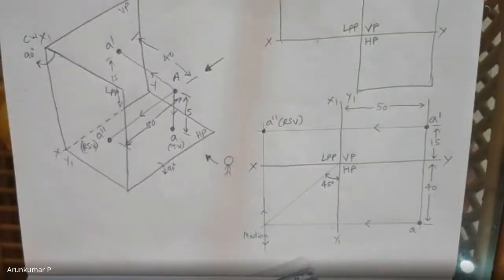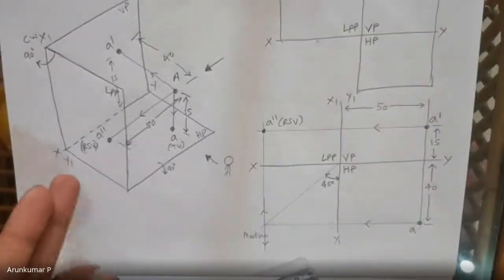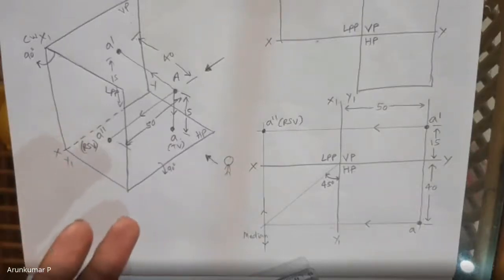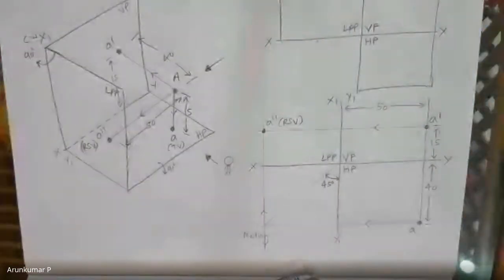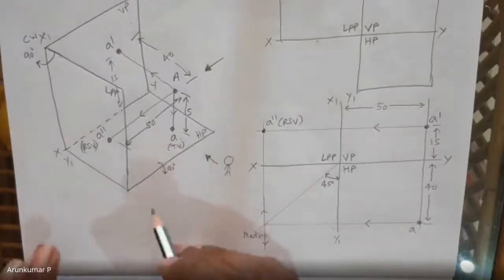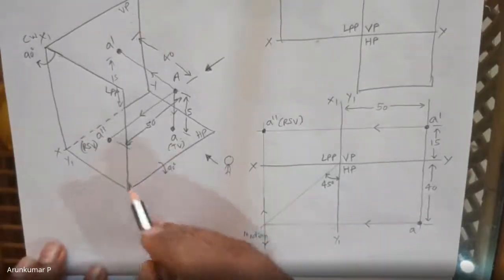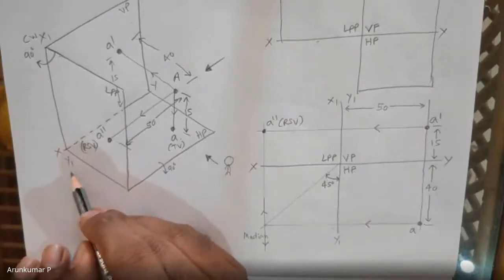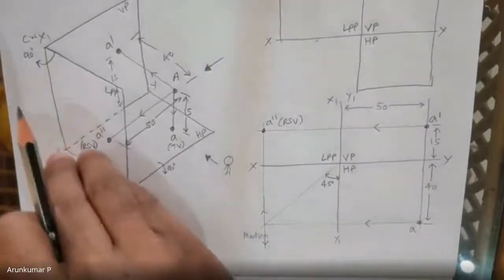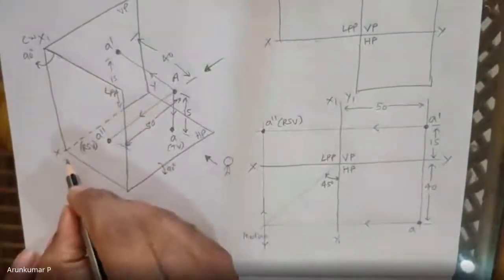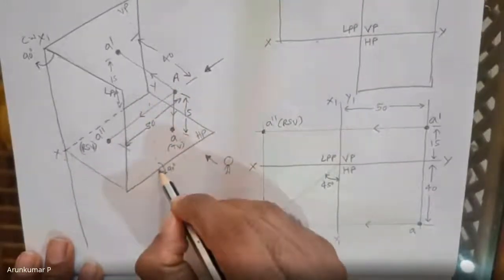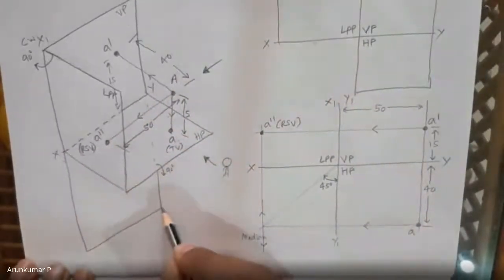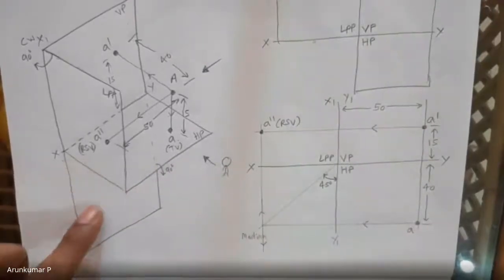Okay. Now, whatever we have discussed, the concept of the left profile plane and previously the right profile plane, remain the same for the fourth quadrant also. See, in this case, fourth quadrant is below the first quadrant. So all I have to do is maybe extend this, just to show you the concept. Just extend this vertical plane. So we are talking about the fourth quadrant here. This is the fourth quadrant.